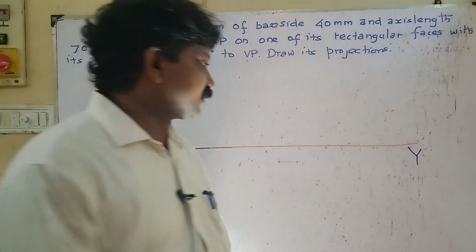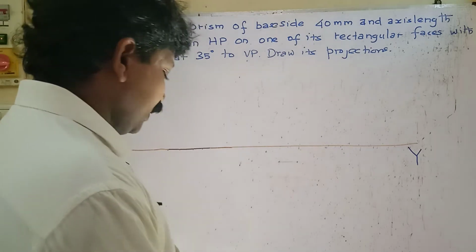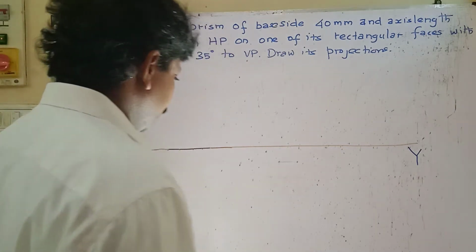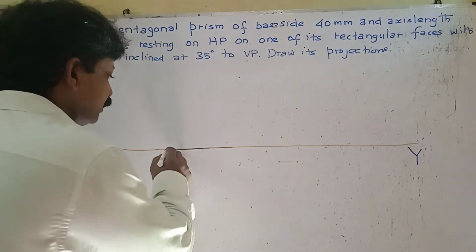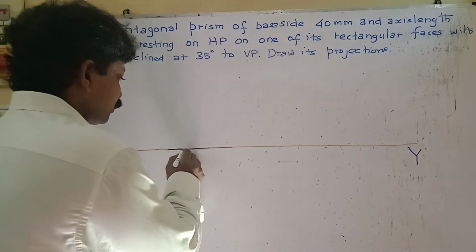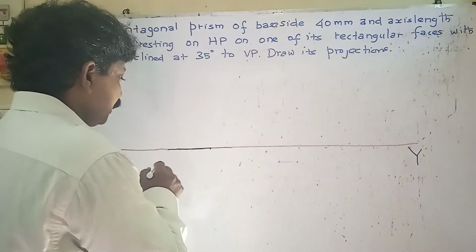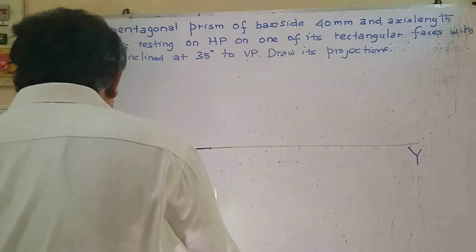First draw the XY axis line using a 2H pencil and then draw the front view with the rectangular face resting on HP. So draw a horizontal line, the length equal to 40 mm, and fix the protractor here.